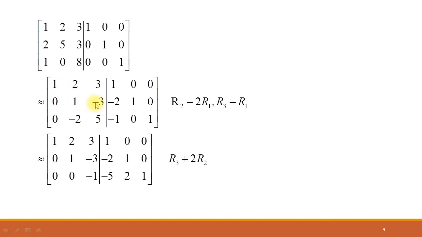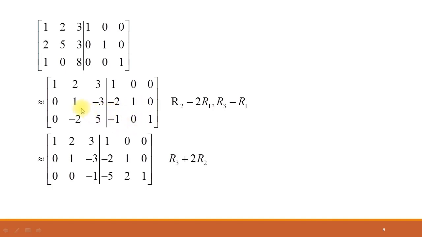In another operation, we add minus 1 times R1 to R3, and we get 0, minus 2 and 5. After applying these row operations, the identity matrix will now be 1 0 0, minus 2 1 0 and minus 1 0 1.